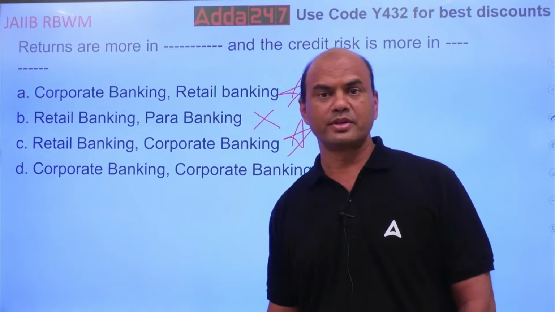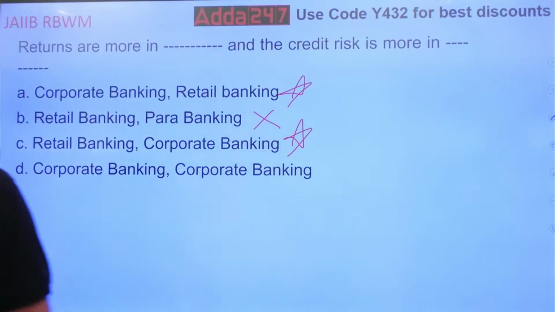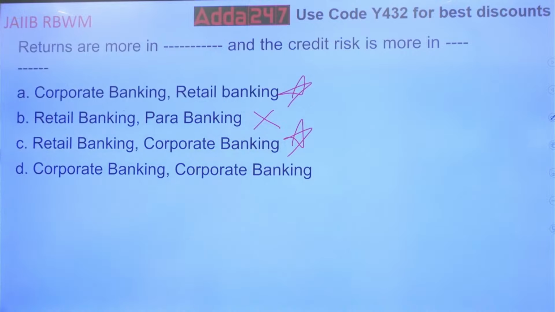Which one is true? Think over it, everyone. Or is it the last one, corporate banking? I may be wrong. You think? Both are more. Returns are more in corporate banking and credit risk is also more in corporate banking. Which one is true over here?